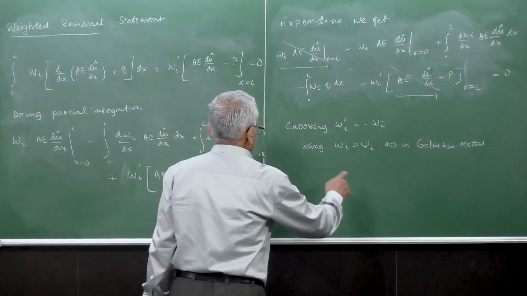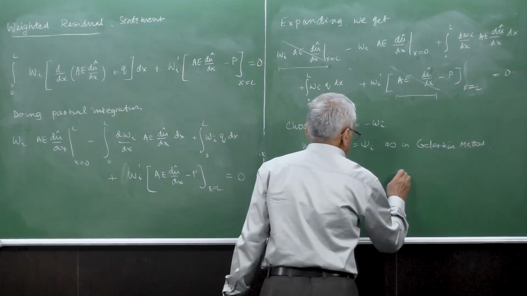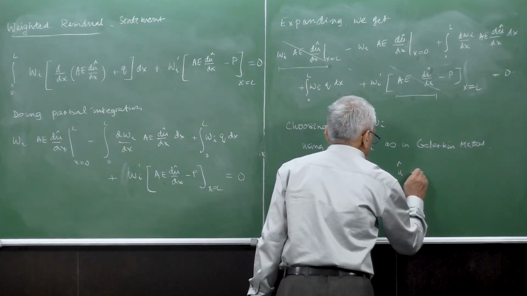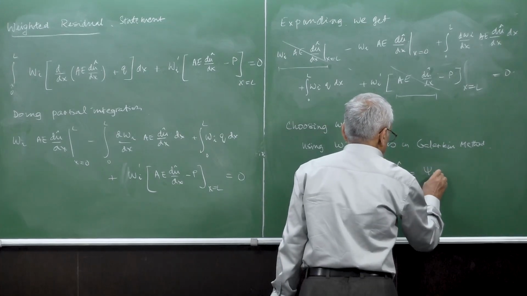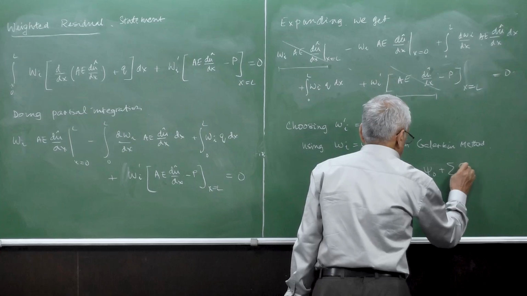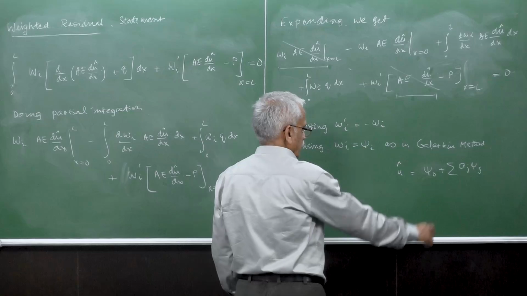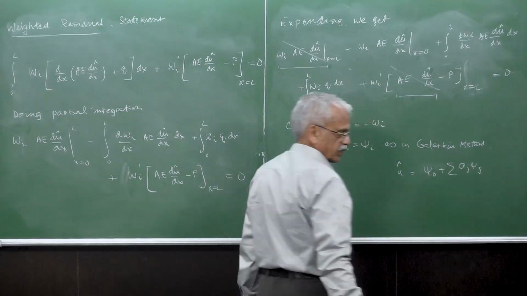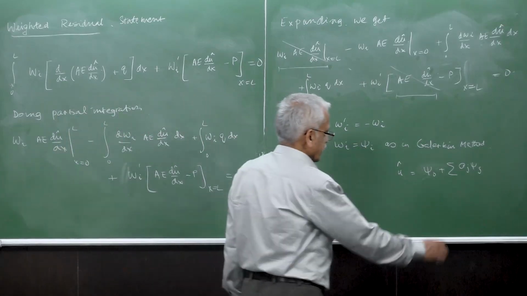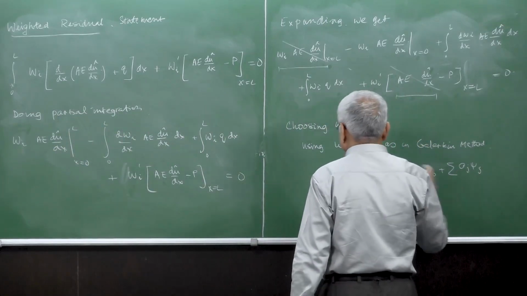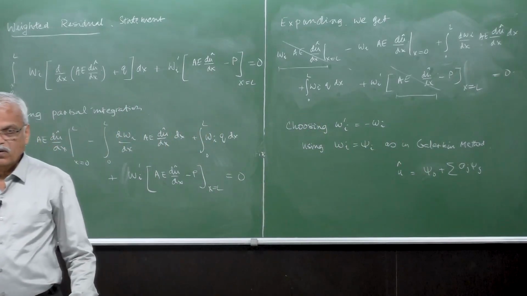So what is that? If you recall, u hat is really psi naught plus the sum of aj psi j. So psi naught is anyway 0, and psi j is supposed to be 0 on the left side. That means the trial functions which we are choosing here are 0 at the x is equal to 0 boundary condition.